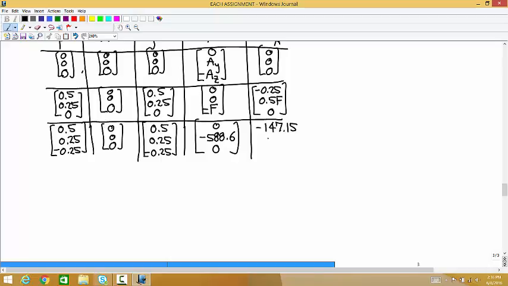And then 0, and then z is negative, and it's twice this, 294.3. Negative, sorry, and that's positive. X would be negative, because it's double negative.